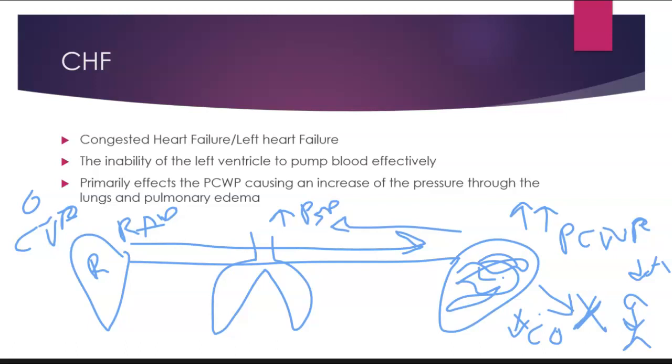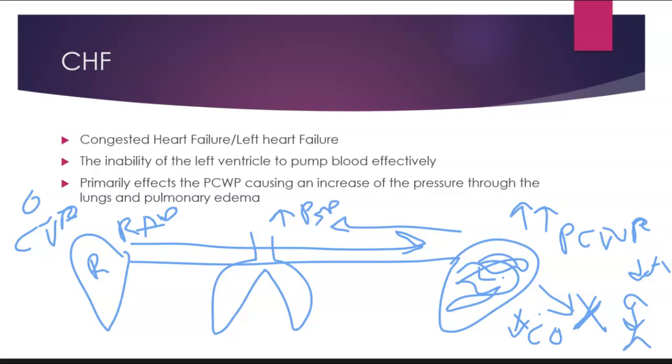And again, you don't have to master this at this point. Big takeaways I want you to do is just understand what these diseases mean hemodynamically. So congestive heart failure is that inability of that left ventricle to pump effectively. And I want you to know what the primary value it affects. So like I said with cor pulmonale, that's right-sided heart failure.